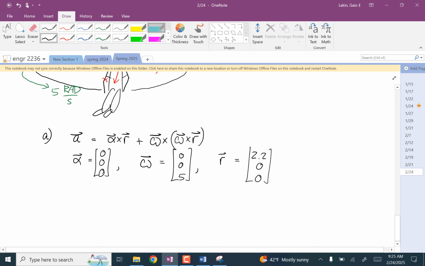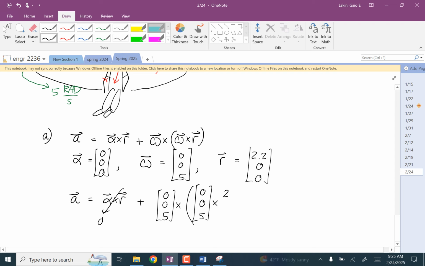So the acceleration is alpha cross r, and this goes away, plus 0, 0, 5 cross 0, 0, 5 cross 2.2, 0, 0.